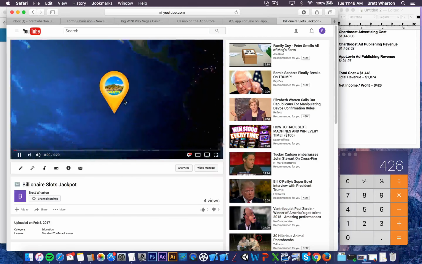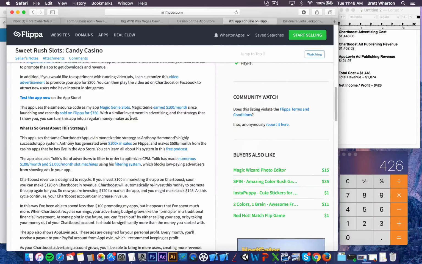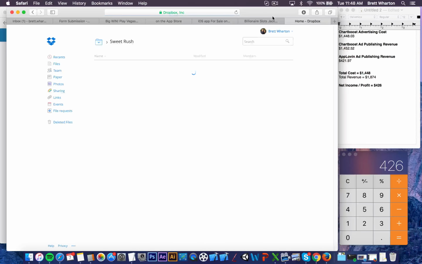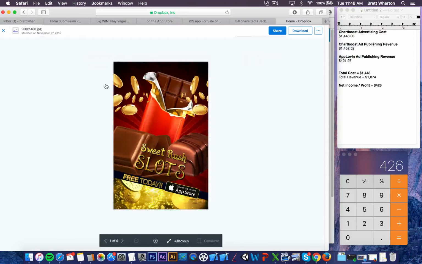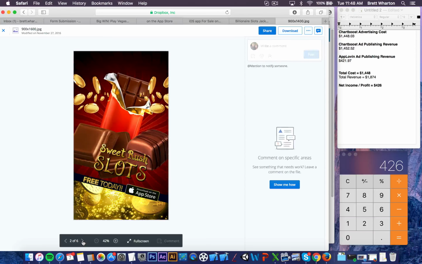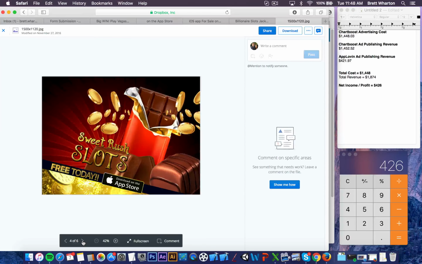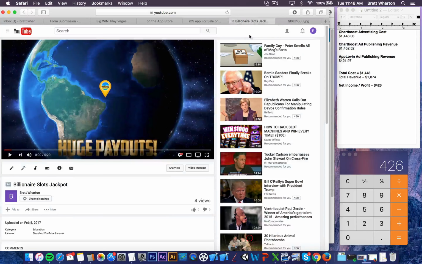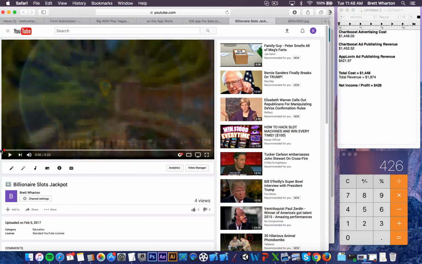Now, so far, this app has just been advertised with these still advertisements, and still ads are okay, but we're seeing a lot of trends right now where people are succeeding with video because video gets your attention in a much more dynamic way.